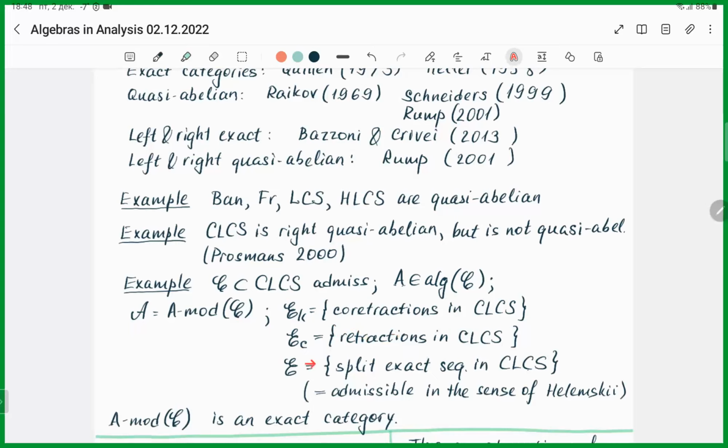And as a result, the class of admissible sequences consists of those sequences which are split exact in the category of complete locally convex spaces. In other words, these are exactly admissible sequences in the sense of Helmsky. And it's rather easy to show that if we define the exact structure in this way, then indeed we get an exact category. So the category of topological A modules is an exact category.